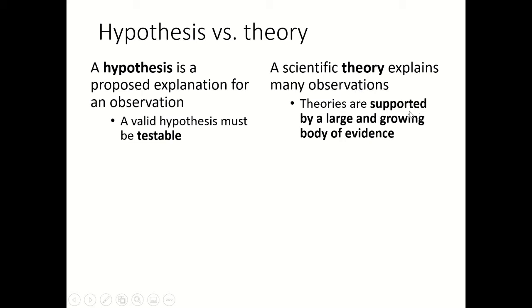Theories are supported by lots of evidence, not just by observations, not just by something we saw, but by experiments, by measuring lots of observations. So a hypothesis is my cat is sick because she ate something bad.